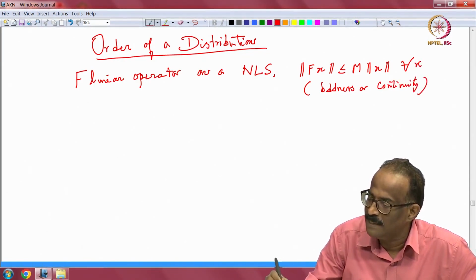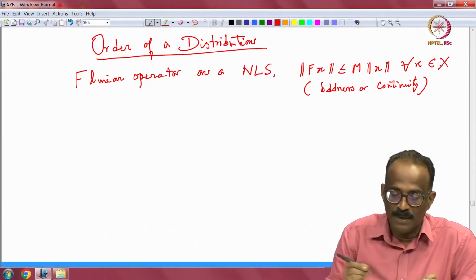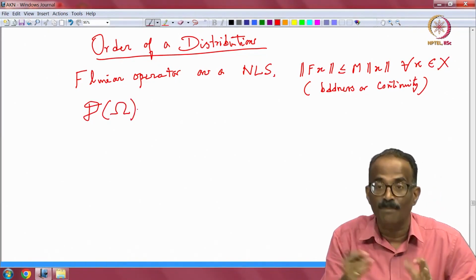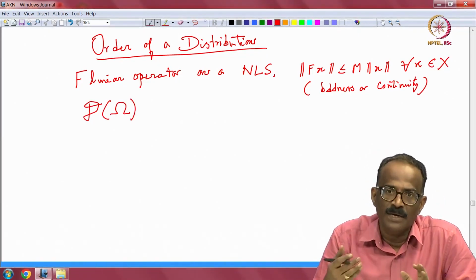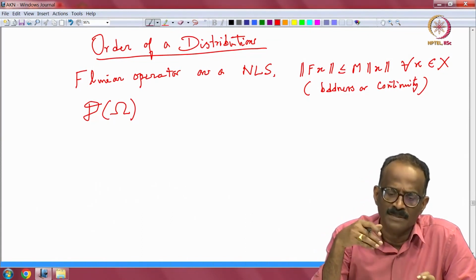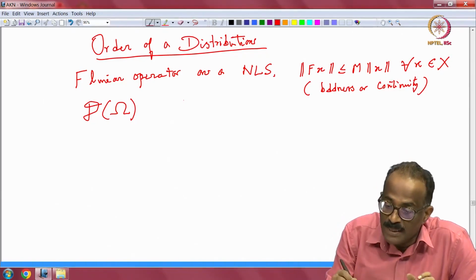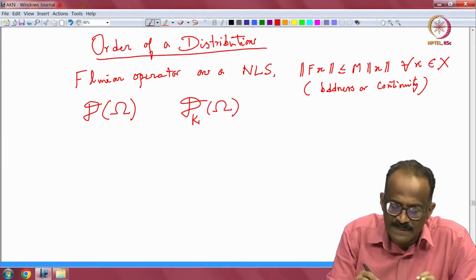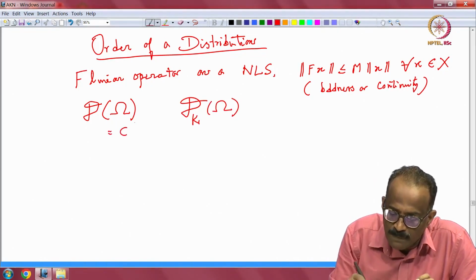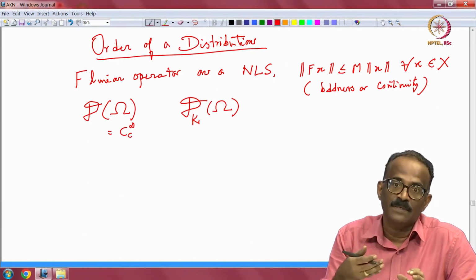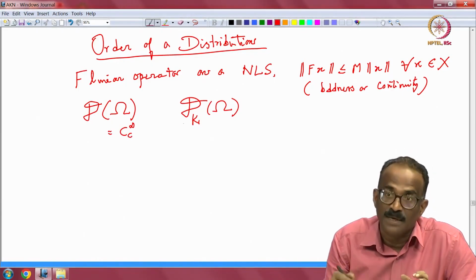This is for all x in X, but we are working with D(Ω), which is no longer a normed linear space, it is a locally convex space given by an inductive limit, which we have discussed a lot in our preliminaries, and given by the topologies defined on D_K. So, just recall these spaces D_K(Ω). This is C infinity functions with compact support with the topology defined as an inductive limit topology, but that inductive limit topology comes from D_{K_j}.